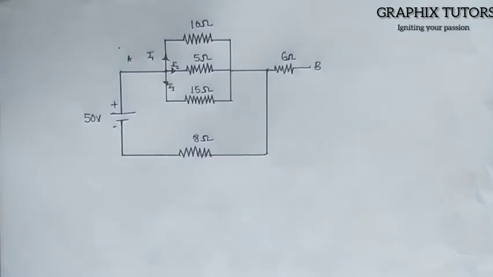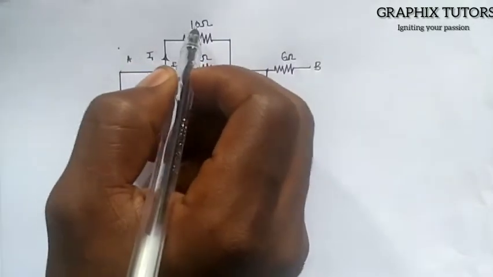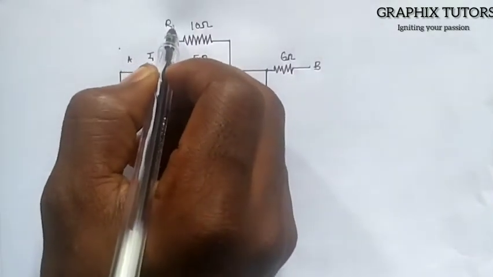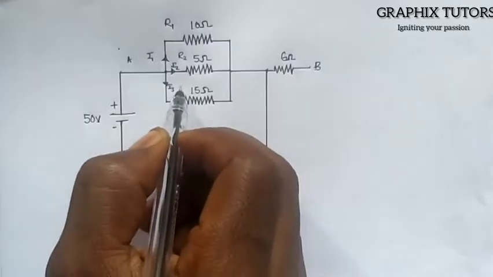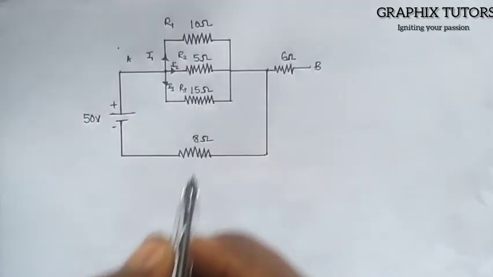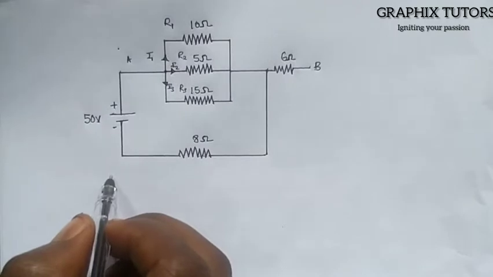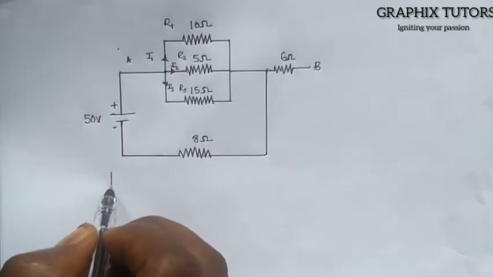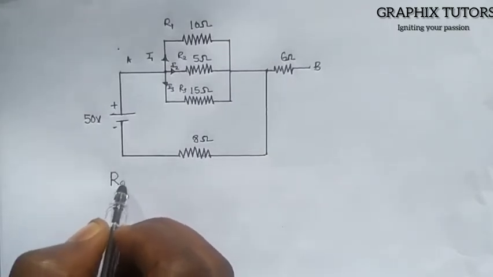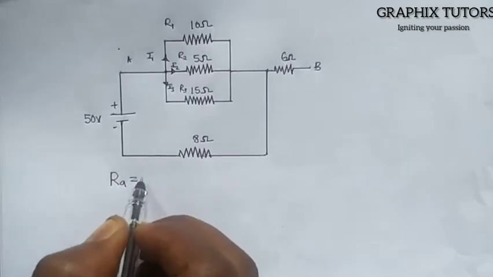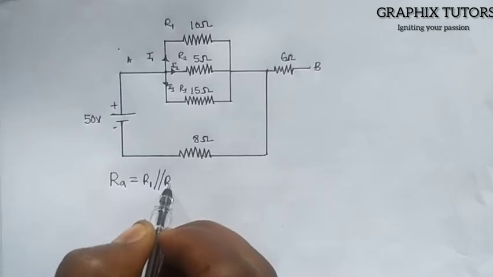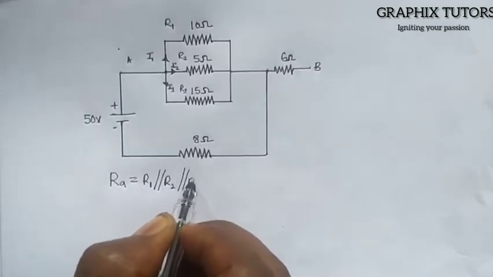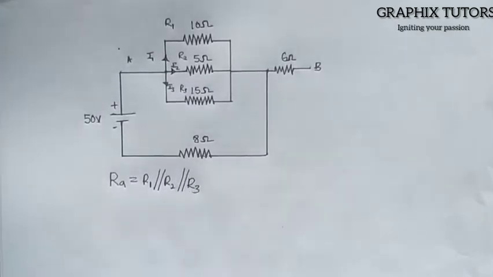And how are we going to solve that? Let me assume that this resistor here is R1, this one is R2, and this one is R3. So you write that our RA is equal to R1 parallel to R2 parallel to R3. Three of them are in parallel.